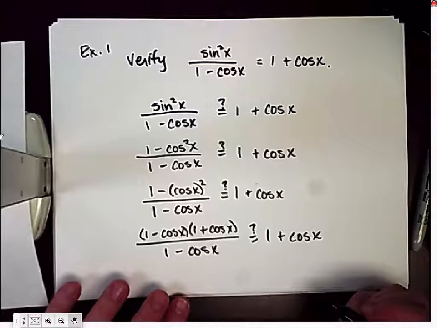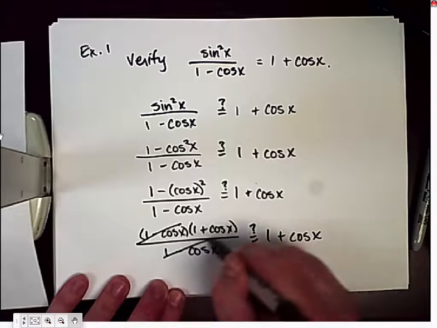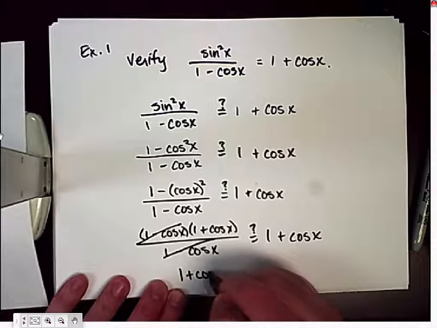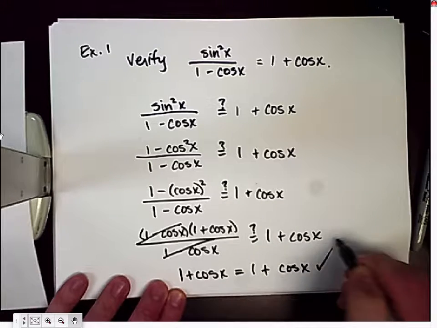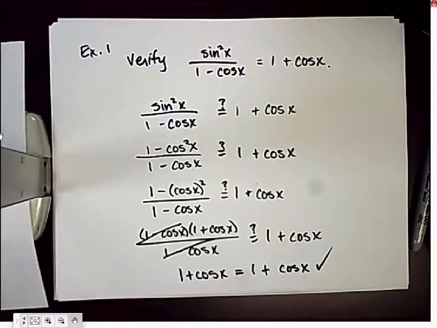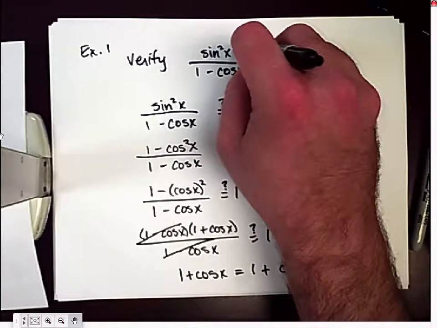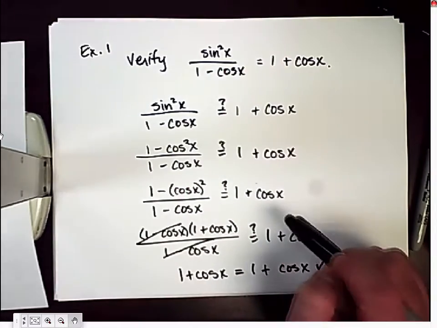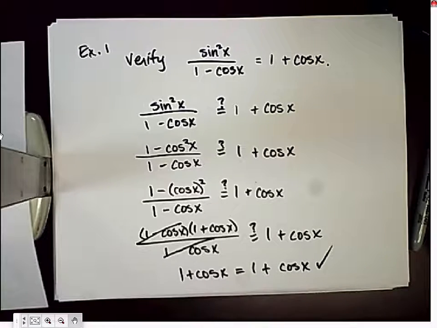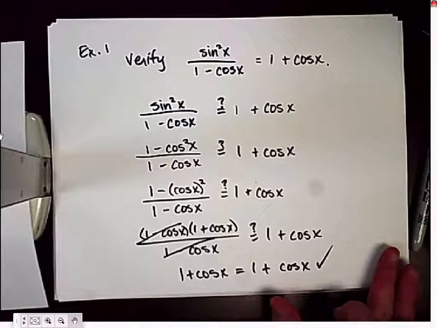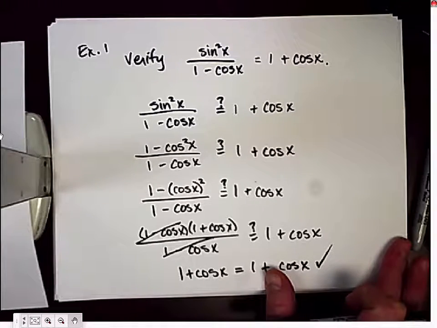What happens now? You can take the question mark off because it works. So what you have proven is that no matter what x is, if you take sine of it and square it and divide it by 1 minus cosine of that, it's the same as just doing 1 plus cosine of the angle. All right? We good? Okay, let's do another one.